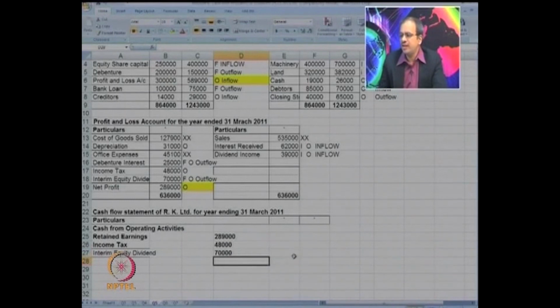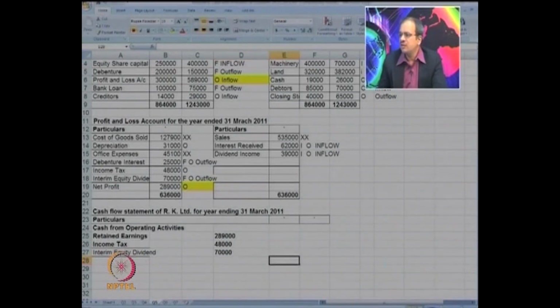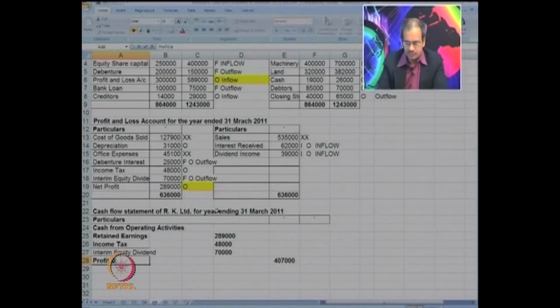So, these 3 together gives us the profit before tax earned during the year. This I have written in the inner column of our cash flow statement.